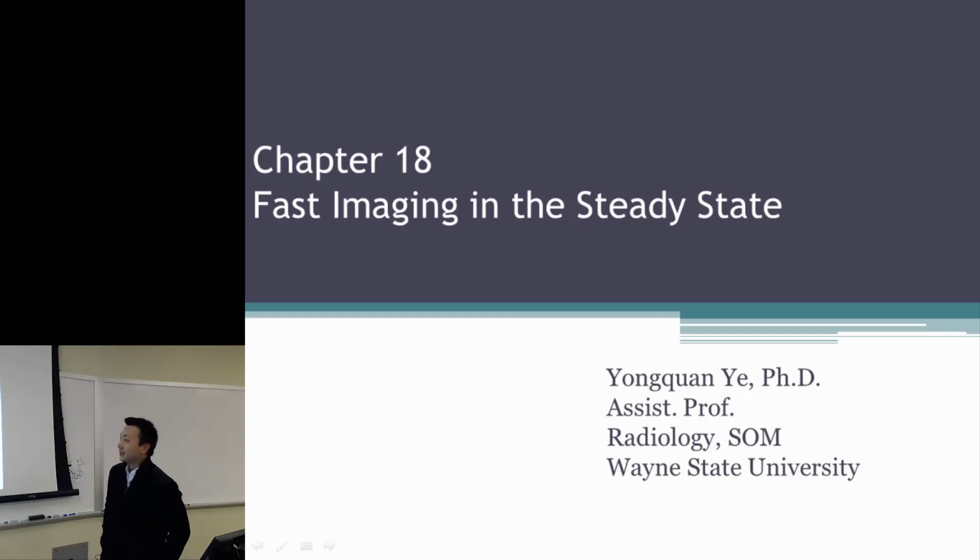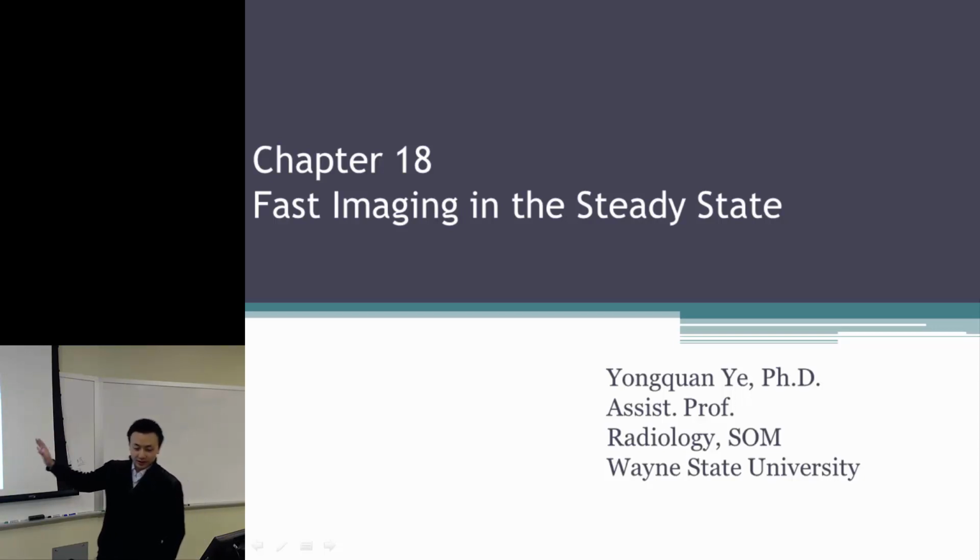All right, so today's topic is chapter 18, fast imaging in the steady state. So the keyword here is the steady state. For fast imaging, we have a lot of other very interesting and very complicated techniques, but not necessarily in the steady state.